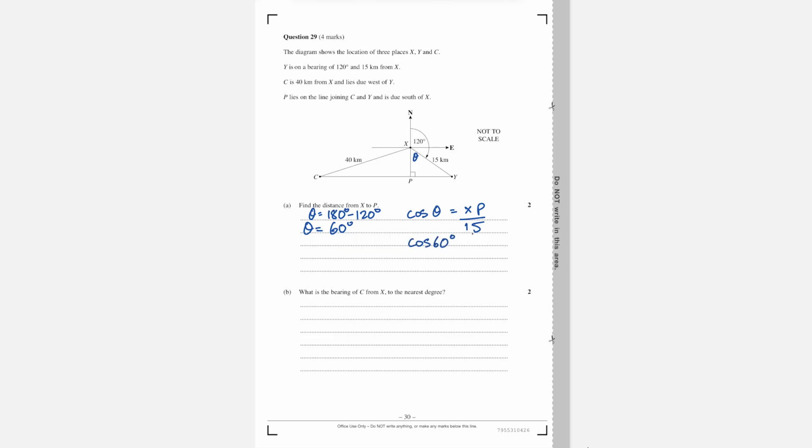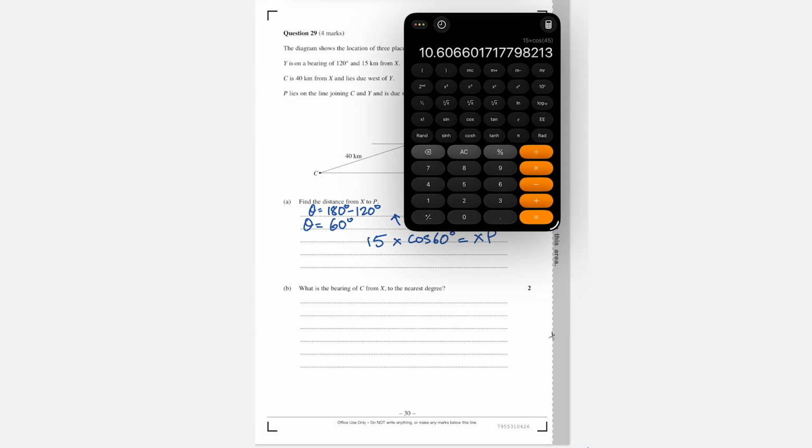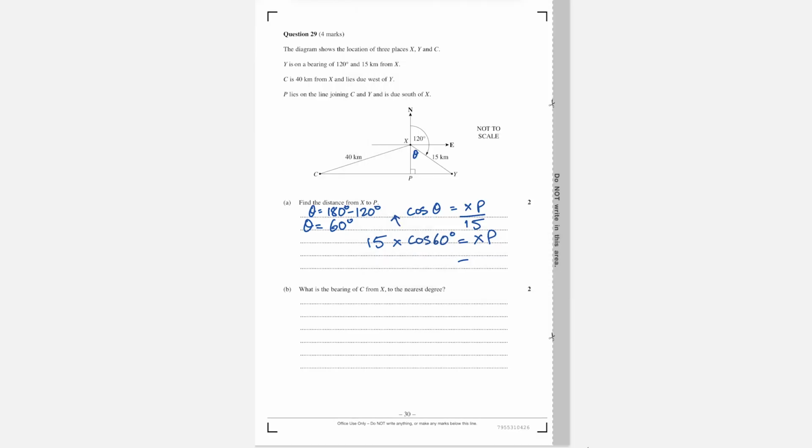And we want to move this 15 up here. So we write multiply by 15 is equal to xp. And we can put all of that directly into our calculator. And we just write cos 60 is equal to half times 15. So xp we get is 7.5 kilometers.